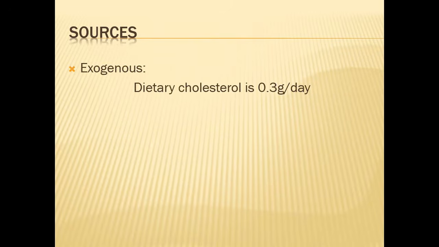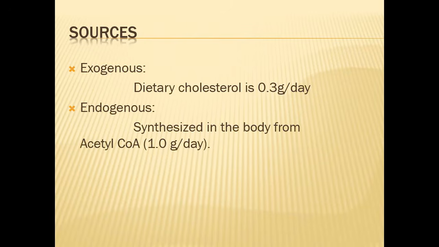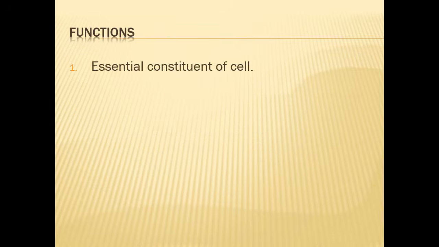Sources: we have dietary sources. We take cholesterol from egg yolk, butter, ghee. These basically contain cholesterol, and cholesterol can also be synthesized inside the body from acetyl CoA. About 1 gram per day can be synthesized indigenously. It is an essential constituent of the cell and affects cell permeability.